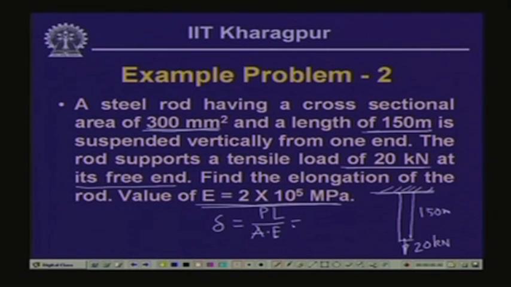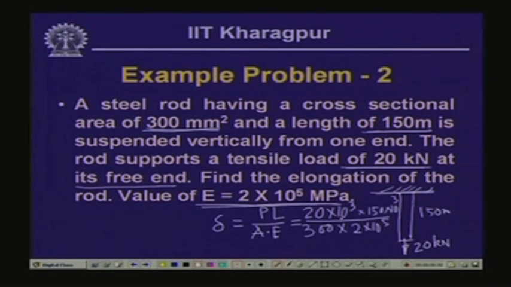So, P is given as 20 kilonewton, so 20 times 10 to the power 3 Newton, L is 150 meter, so 150 into 10 to the power 3 millimeter, divided by cross sectional area A which is 300 millimeter square, multiplied by E which is 2 into 10 to the power 5 Newton per millimeter square, megapascal.